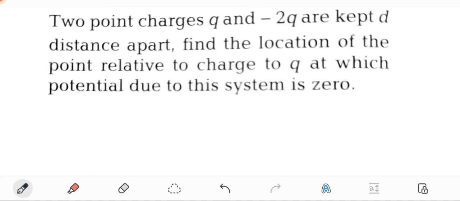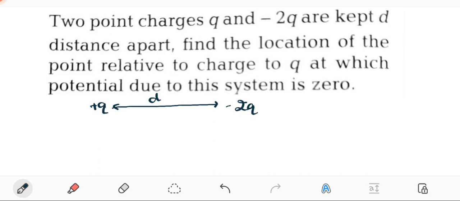Now the next question is on the screen, students. Two point charges, plus q and minus 2q, are kept at a distance d. The distance between these two charges is d. Find the location of the point relative to charge q at which the potential due to this system is 0.